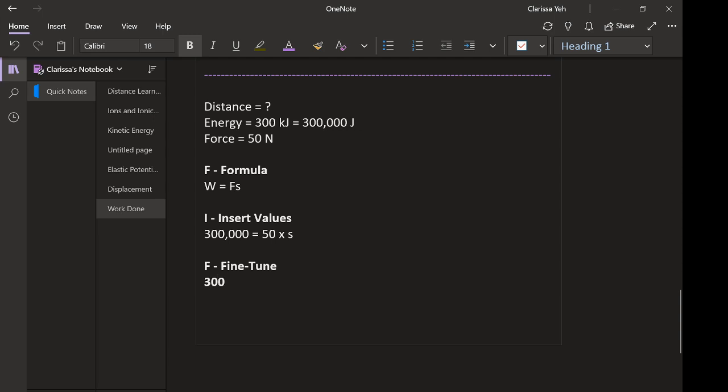Let me rewrite this. 50 times s. So if I divide both sides by 50, that looks a little better.